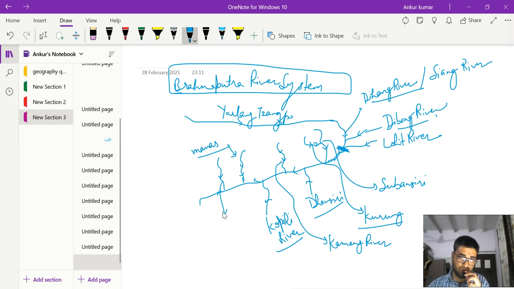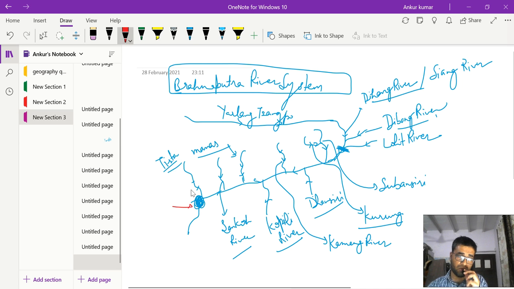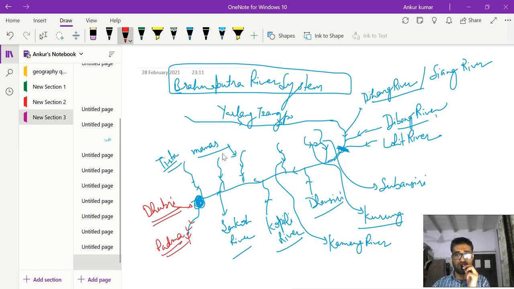After Sankosh you have Teesta River. And this is Dhubri, the point where the Brahmaputra enters Bangladesh. And after that it is called the Padma.